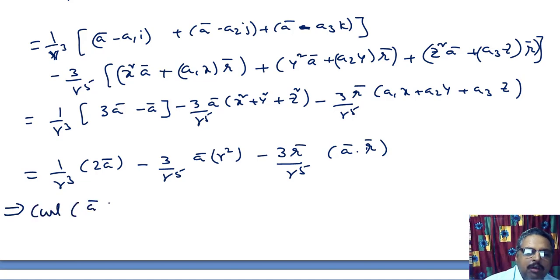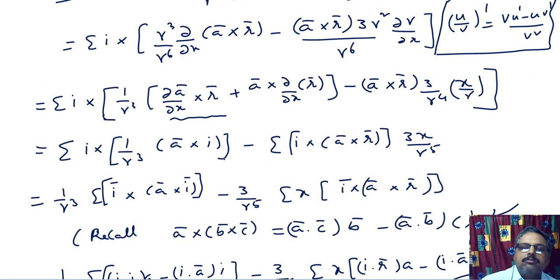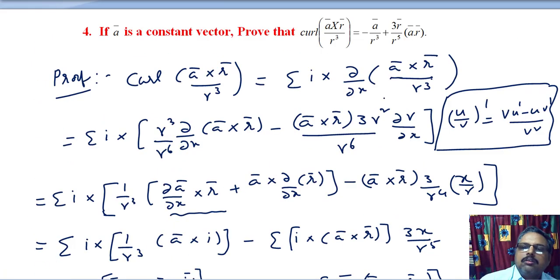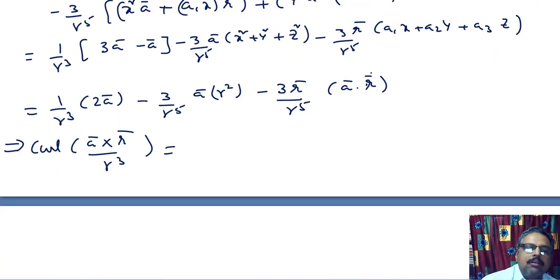Now finally the left hand side, curl of a bar cross r bar by r cube equals, now observe here, minus a bar by r cube. Okay, we got the result. Here 2 times, here r square, here r square cancel.